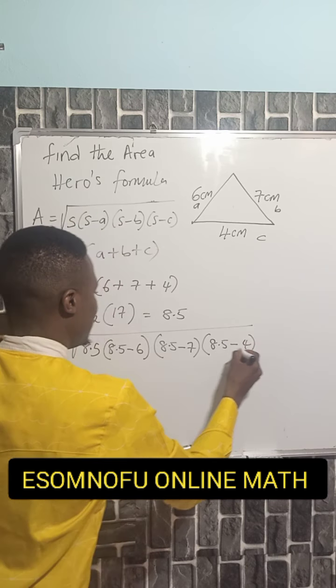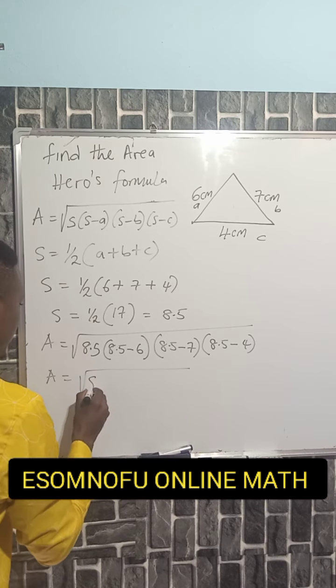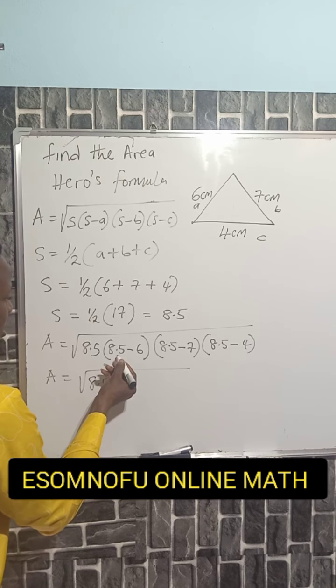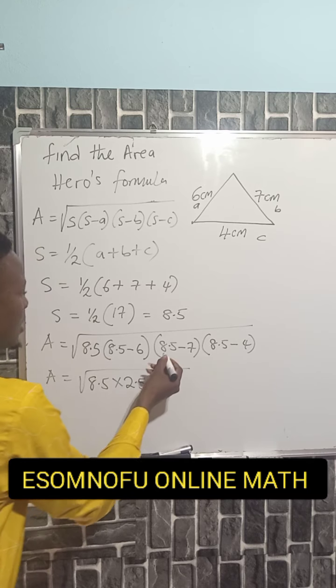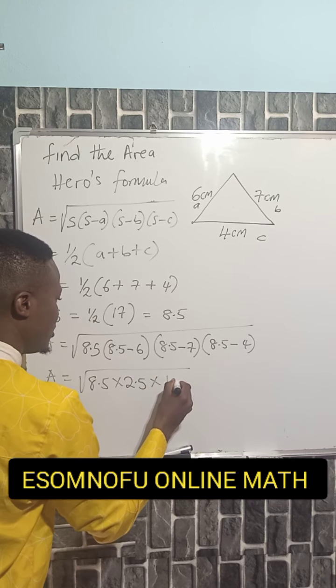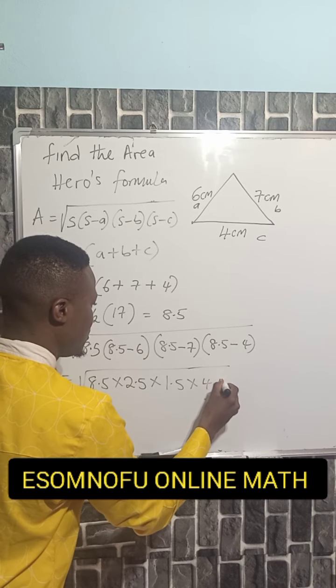Our c is 4. So when you do that, you have the square root of 8.5 times 8.5 minus 6 is 2.5, times 8.5 minus 7 is 1.5, times 8.5 minus 4 is 4.5.